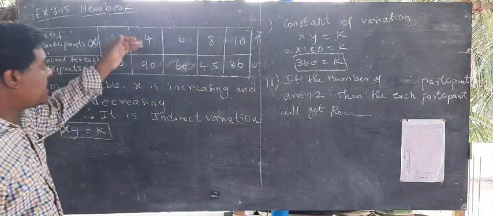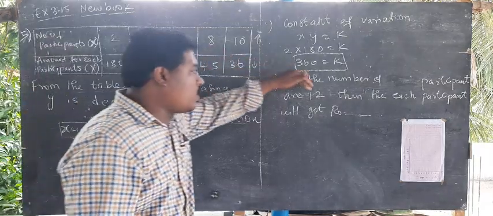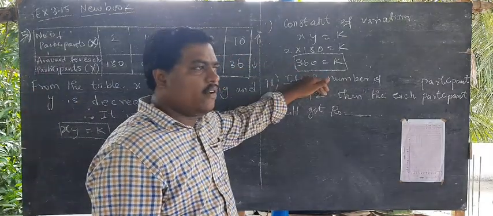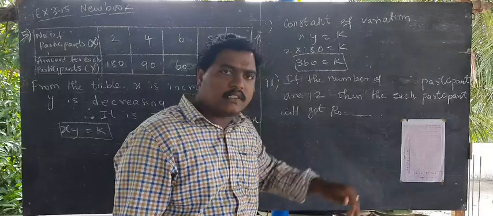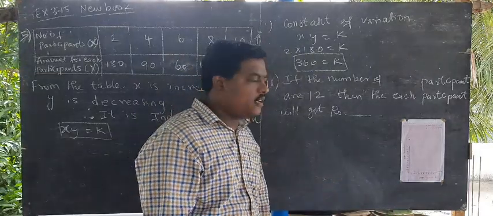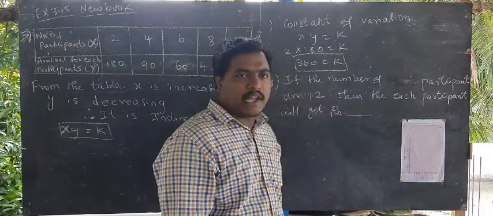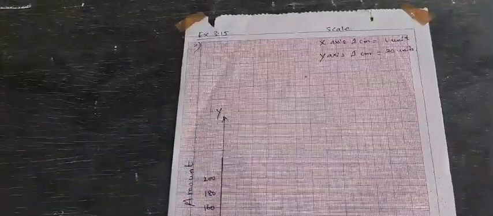As the number of participants increases, the value changes. So 12 participants means how much amount will each get? That we have to find. So now we move to the graph.